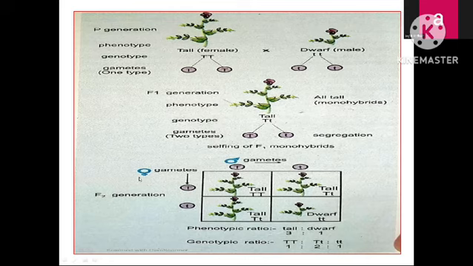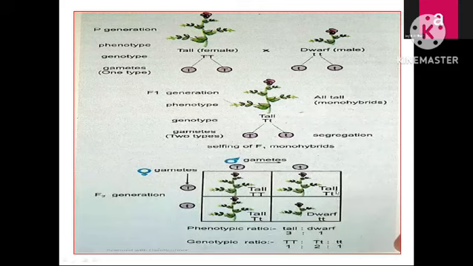Capital T cross with capital T, result is capital T, capital T, and plant is tall. Capital T cross with small t, result is capital T, small t, plant is tall.